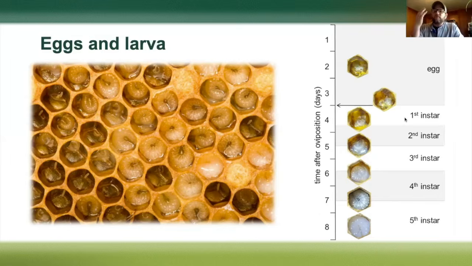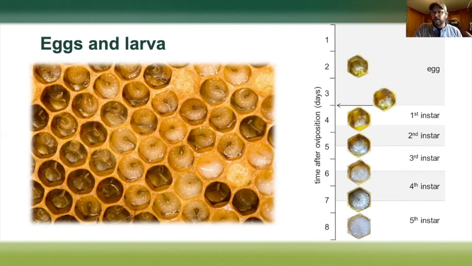Larvae, with honeybees, have 5 different stages, and we call those 5 larval stages instar stages. This is the same terminology we use with any insect that undergoes complete metamorphosis. What do I mean by complete metamorphosis? Well, it's the same thing as a caterpillar.